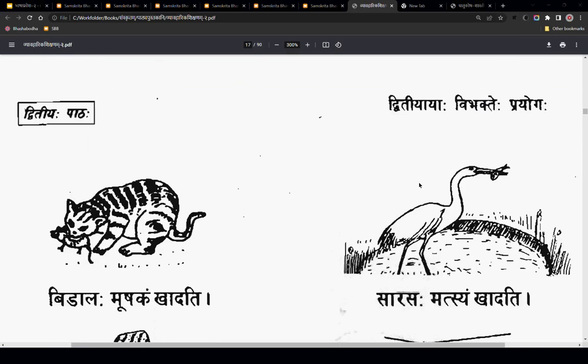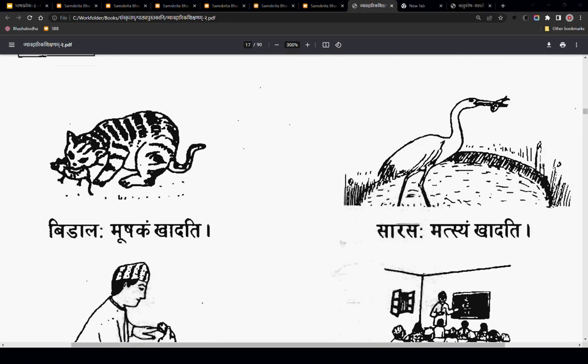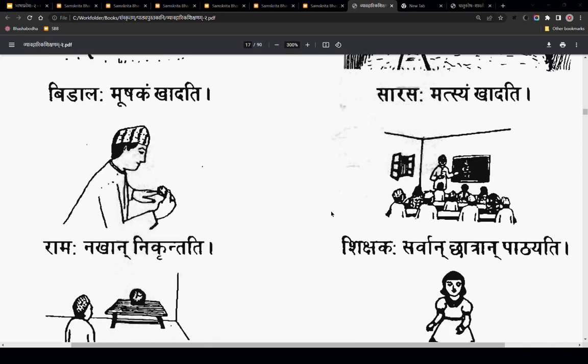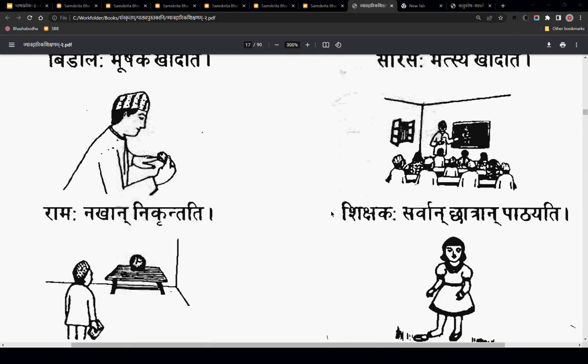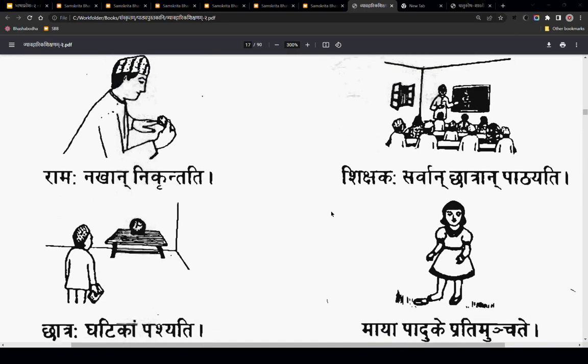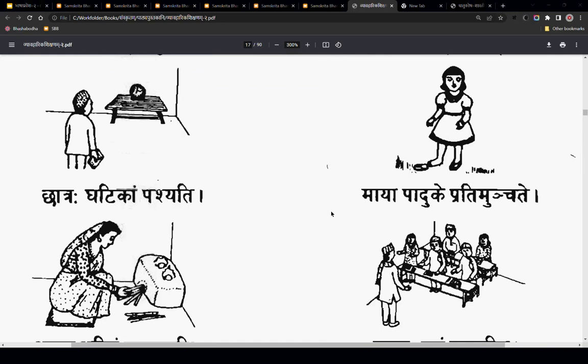So the next lesson here focuses on the Tritiya Vibhakti. Vidala moshakam khadati, sarasaha matsyam khadati, which we saw, meenam khadati. Nakhan kruntati, or you can just say kruntati, meaning cutting. Shikshaka sarvan chatran pathayati, ghatikam pashyati.